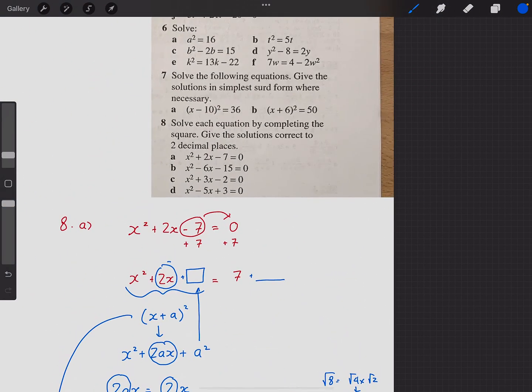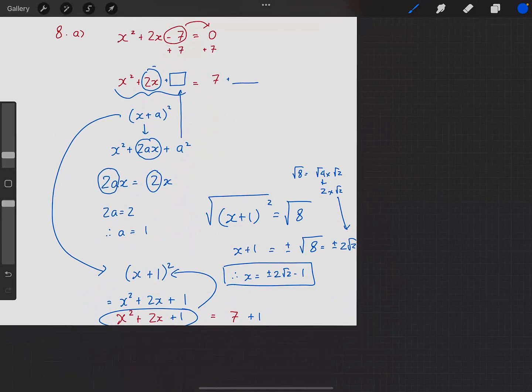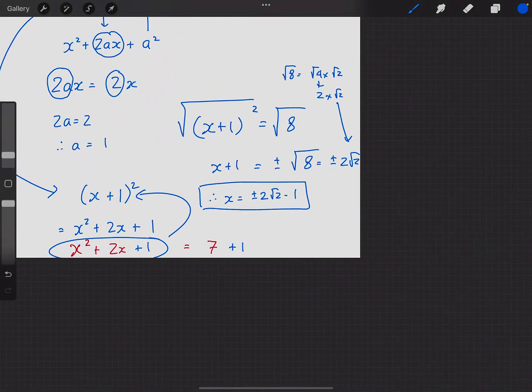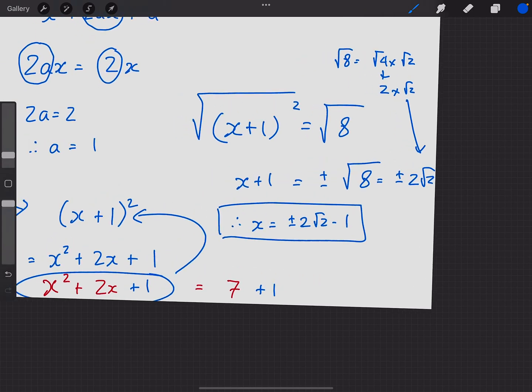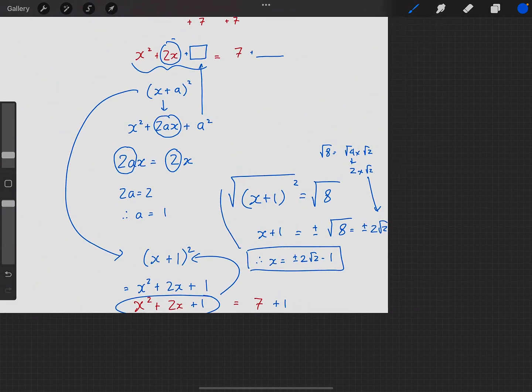But the question says give to 2 decimal places, so we use a calculator. I'll just do that real quick, see what we get. The first solution: x is equal to, if I do positive 2 root 2 minus 1, I'll get 1.83.